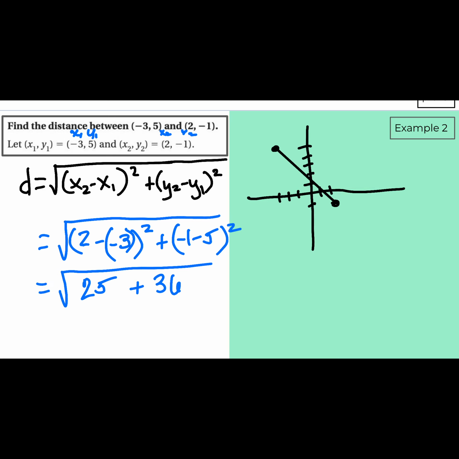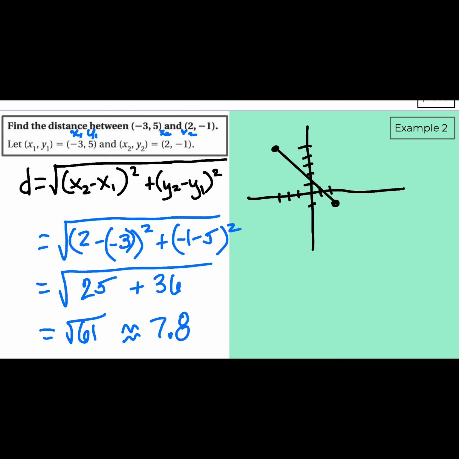Someone get a calculator. 25 plus 36 is 61? So the square root of 61 would be some decimal. About 7.8.